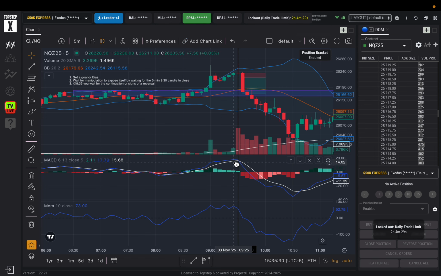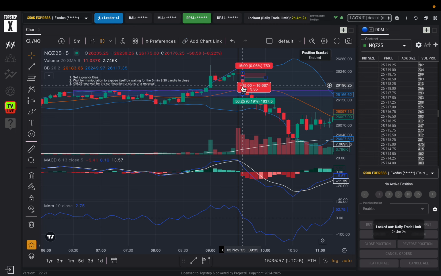Let's say it was the opposite of this, and the MACD lines and the signal line were crossing each other down here as a reversal to the upside, and the momentum was rising. That is a key confluence for a long position, right? For a reversal. But here it was a continuation.